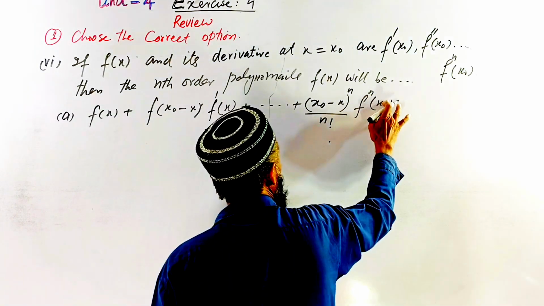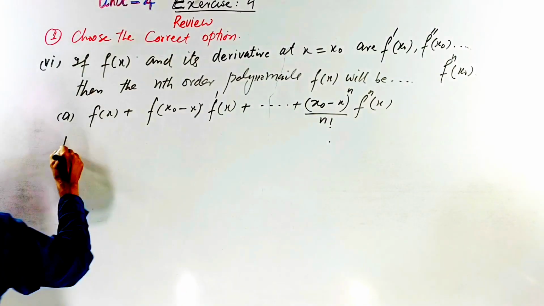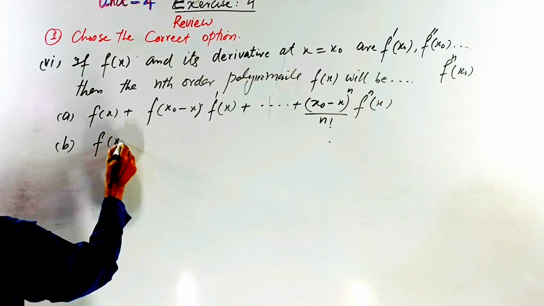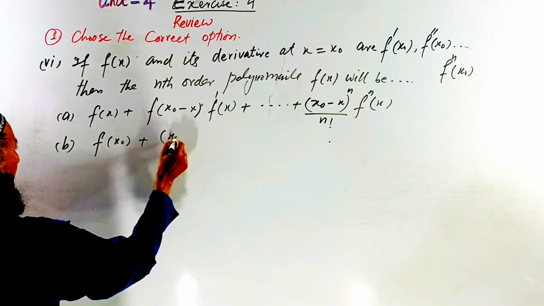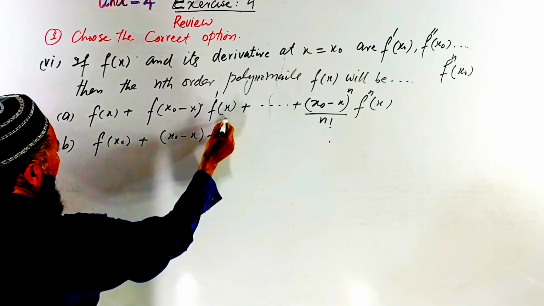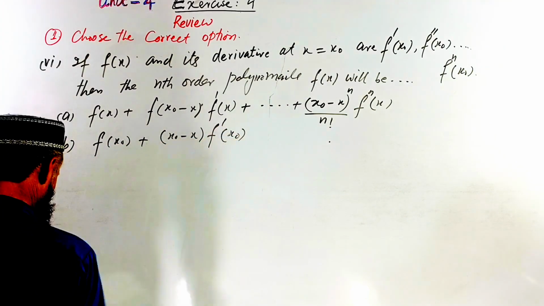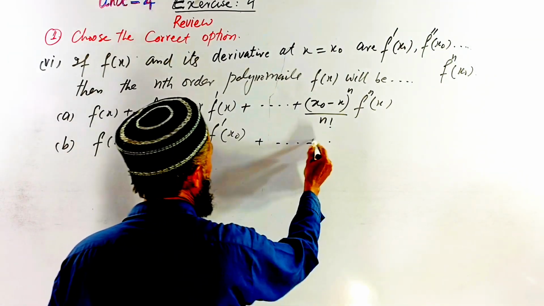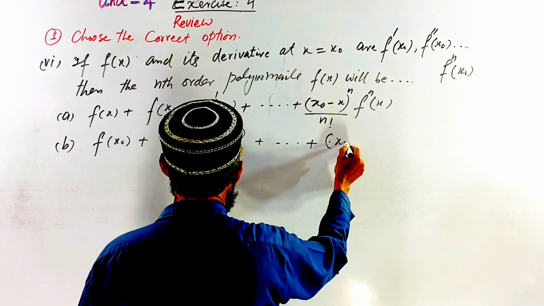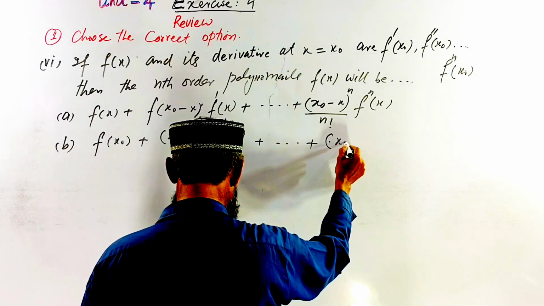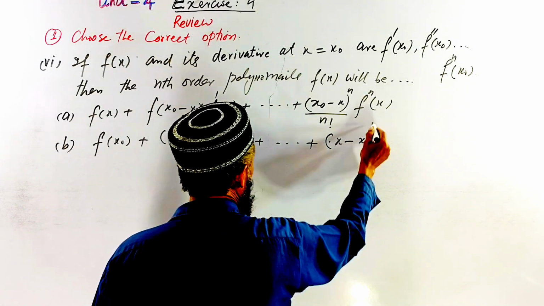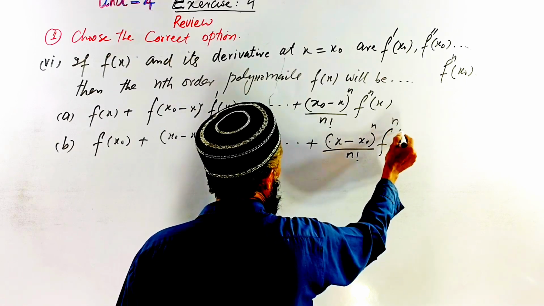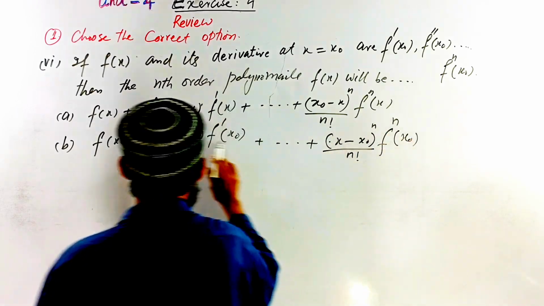And option B is f(x naught) plus x naught minus x, f dash x naught, plus up to x minus x naught whole power n divided by n factorial, f n x naught.